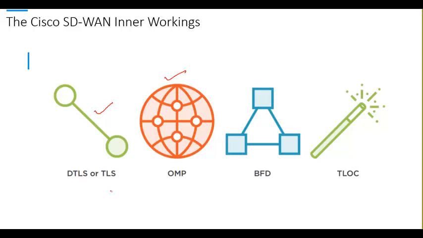Repeating again, OMP is a TCP-based extensible control plane protocol, which combines all the control plane functions under a single protocol called OMP. All the control plane functions are managed by this one single protocol. So there is no other protocol needed. When we say OMP, it includes all that is necessary to carry out the routing functions.